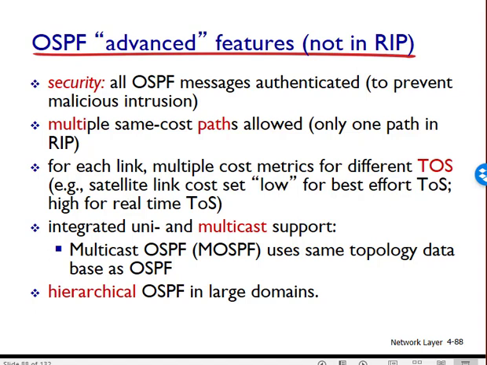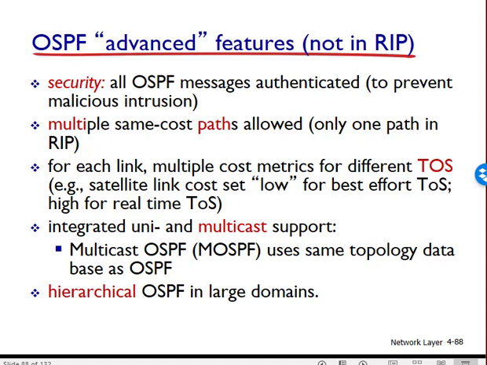OSPF uses multiple same cost paths. When multiple paths to a destination have the same cost, OSPF allows multiple paths to be used. That is, a single path need not be chosen for carrying all traffic when multiple equal cost paths exist.